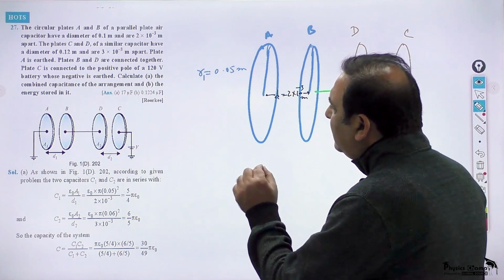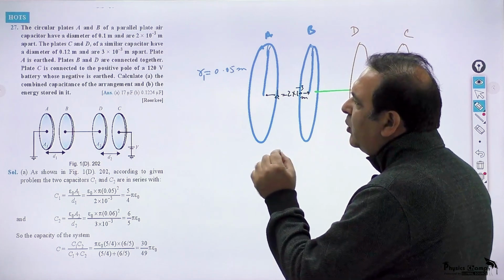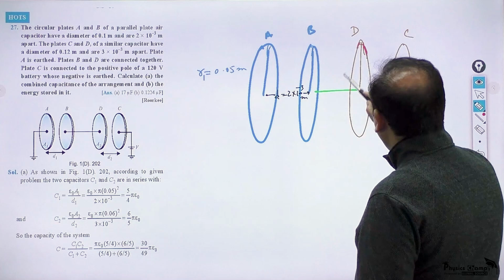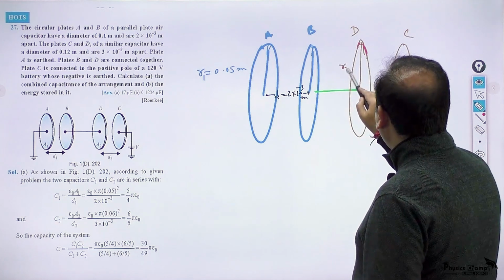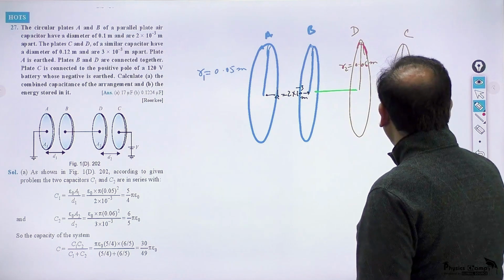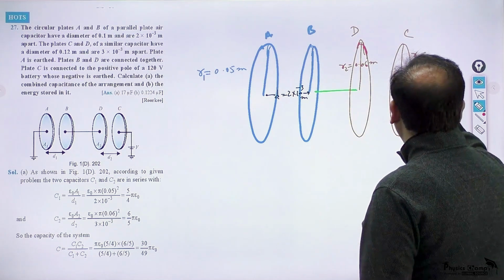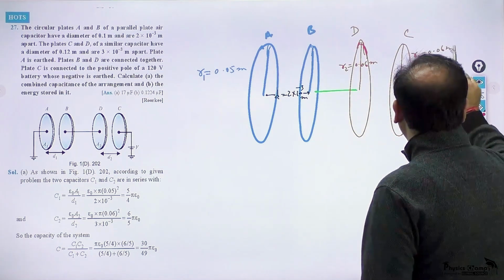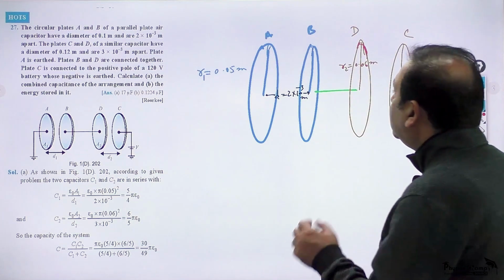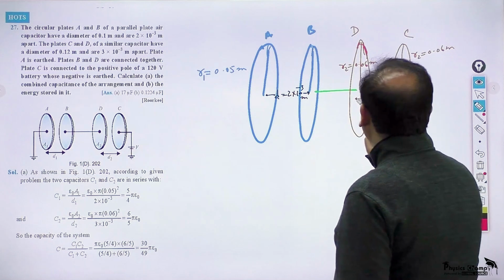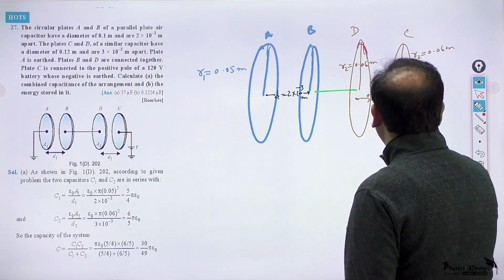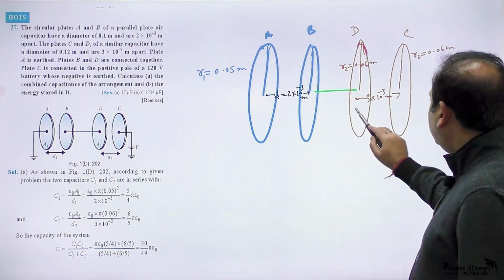They have a diameter slightly more, 0.12 meter, meaning a radius of 0.06 meter, slightly higher. And they are also 3 into 10 to the minus 3 meter apart. This gap is increased to 3 into 10 to the minus 3 meter.